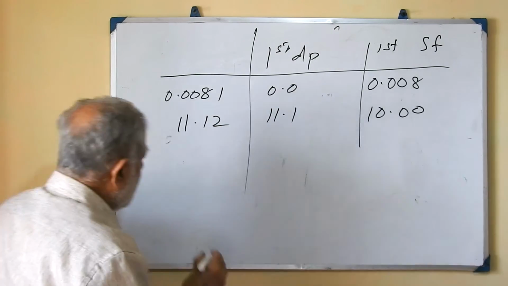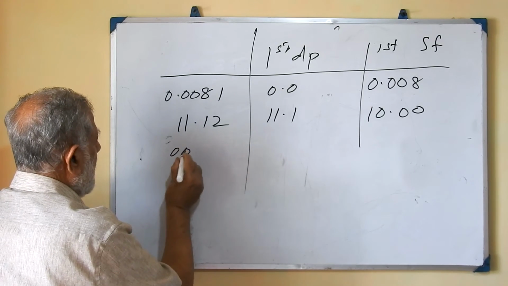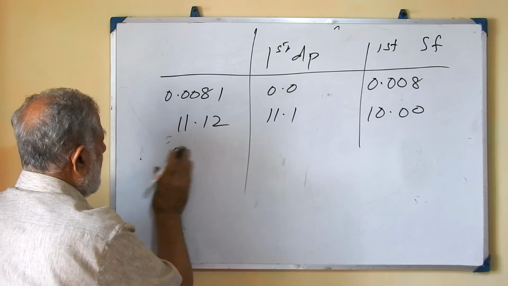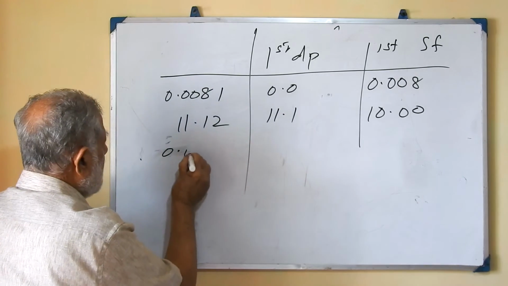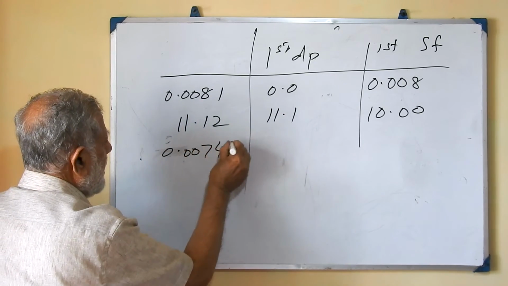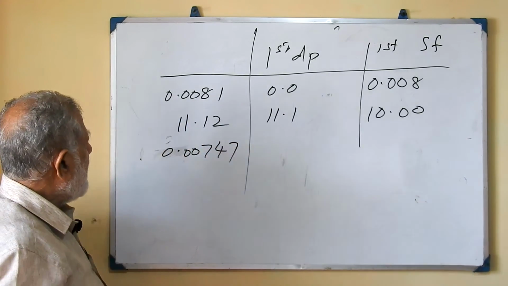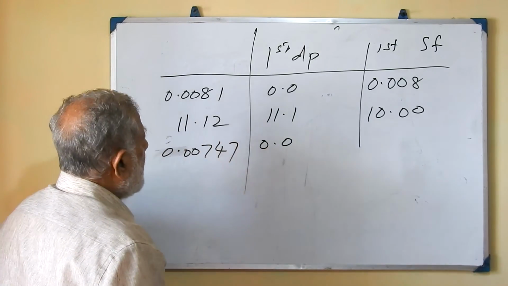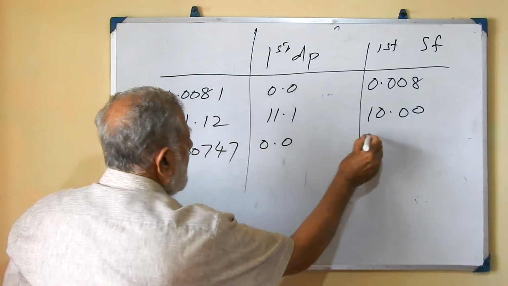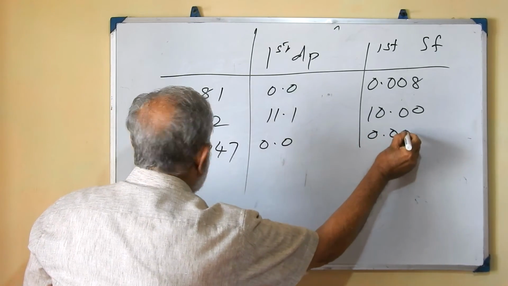Look at this one, 0.0071. The first decimal place is 0.0. The first significant figure will be 0.007.